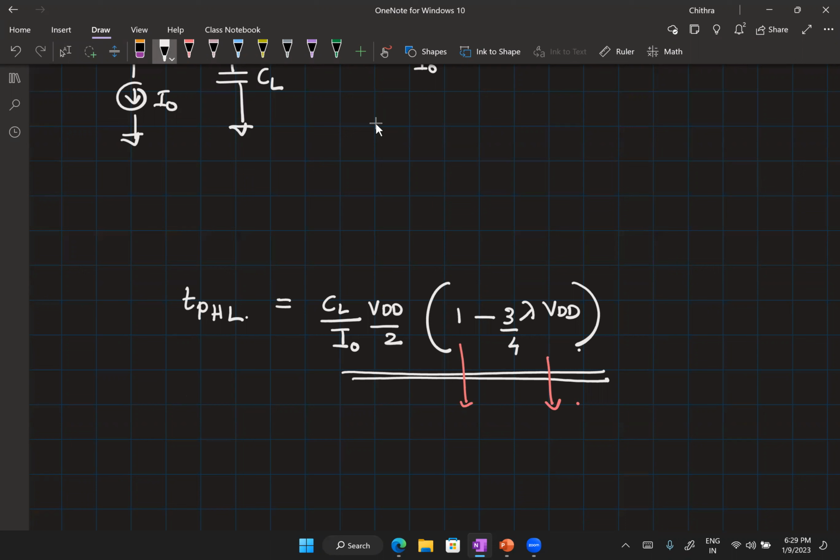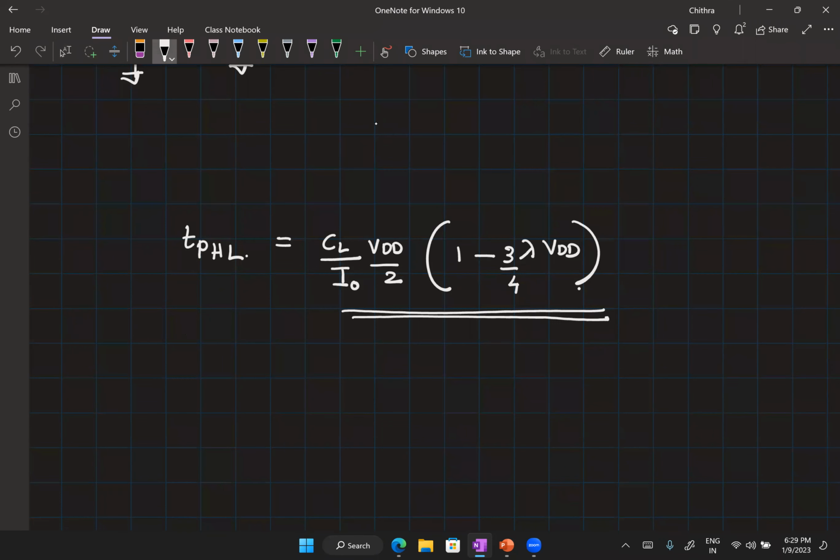That is what we are interested in. Let's say I increase my CL. What happens? Delay will increase. And this is expected. If you increase the capacitance associated with a node, it will take longer for that node to charge or discharge, so you can expect the delays to increase.